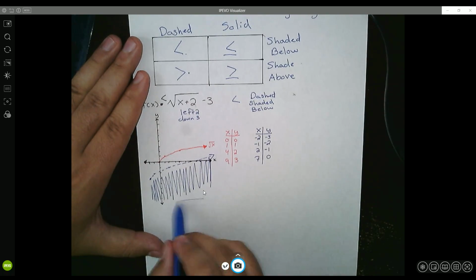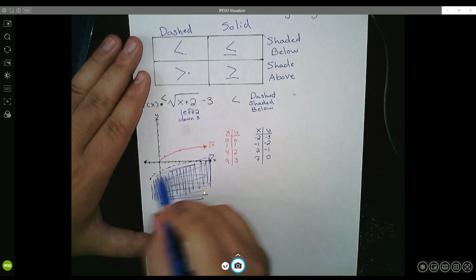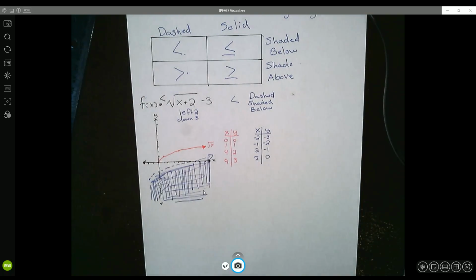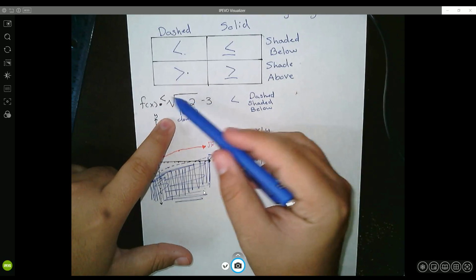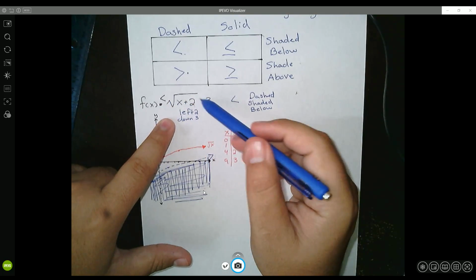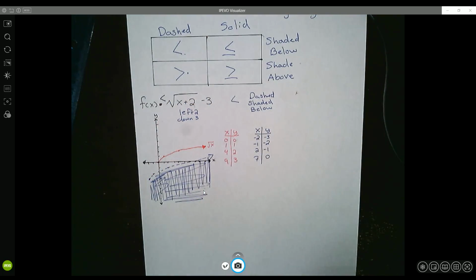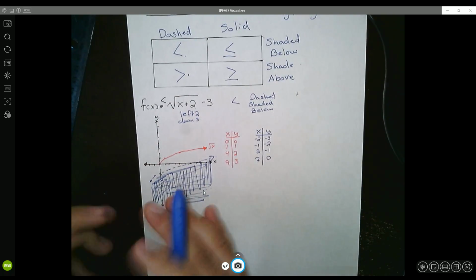Okay. Now remember, for an inequality, that's just stating it can't be something, or it can be something or greater than it. So y is going to be less than the square root of x plus 2 minus 3. So that means all these values below this function will actually work. Okay.